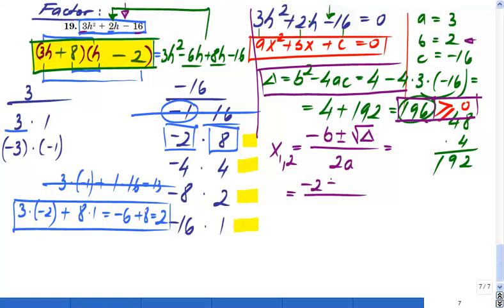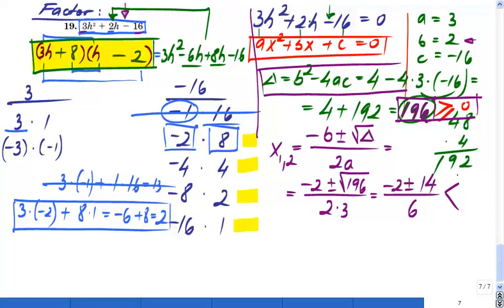So it'll be negative 2 plus or minus square root of 196, because that's our delta, over 2 times a, over 2 times 3. This one equals what? Negative 2 plus or minus square root of 196, which is nothing else but 14, over 6, and you have two possibilities.